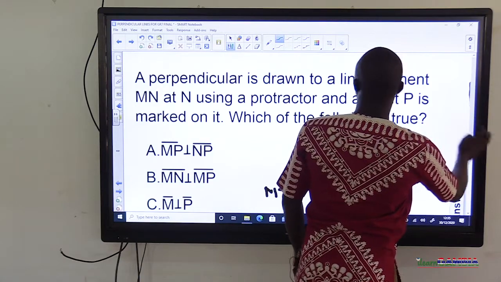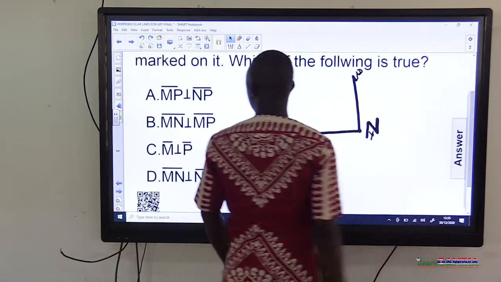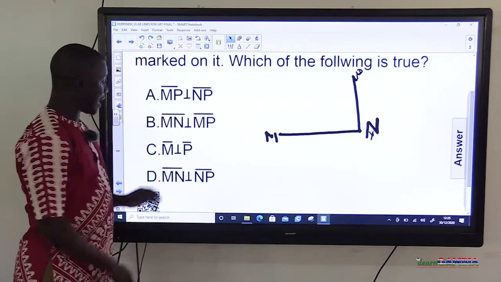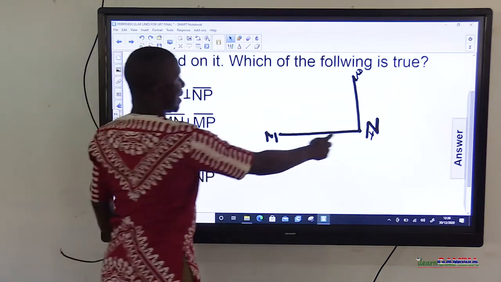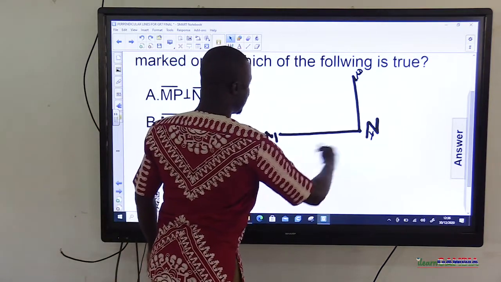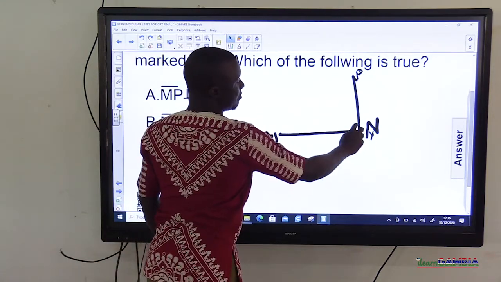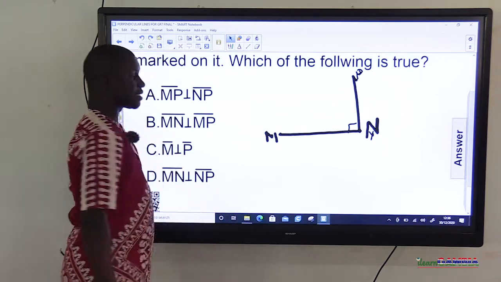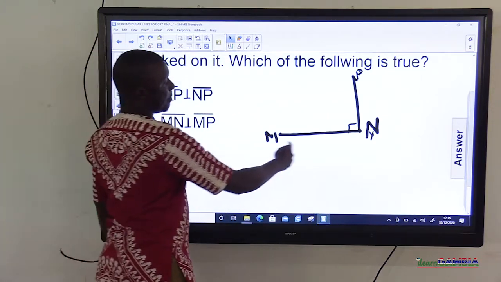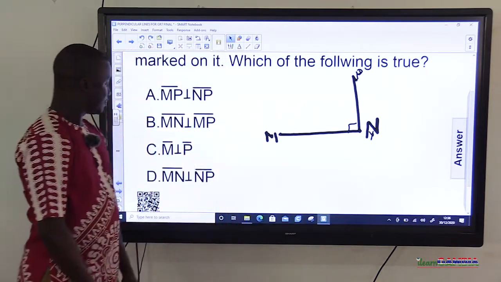Let's move on to the other options. The last option, C says M is perpendicular to P, and the last one reads MN, which is a line segment here, is perpendicular to NP. They meet at a right angle here. So therefore, the correct option here is option D, because MN is perpendicular to NP or PN.